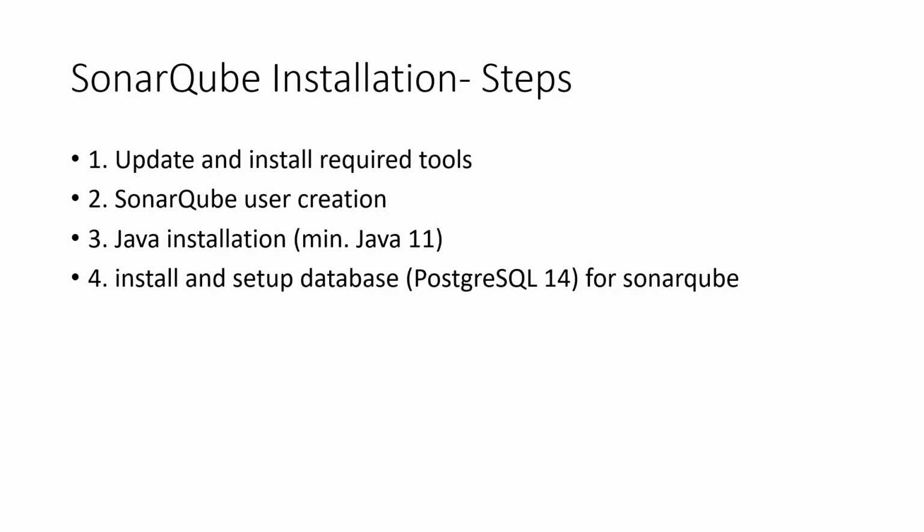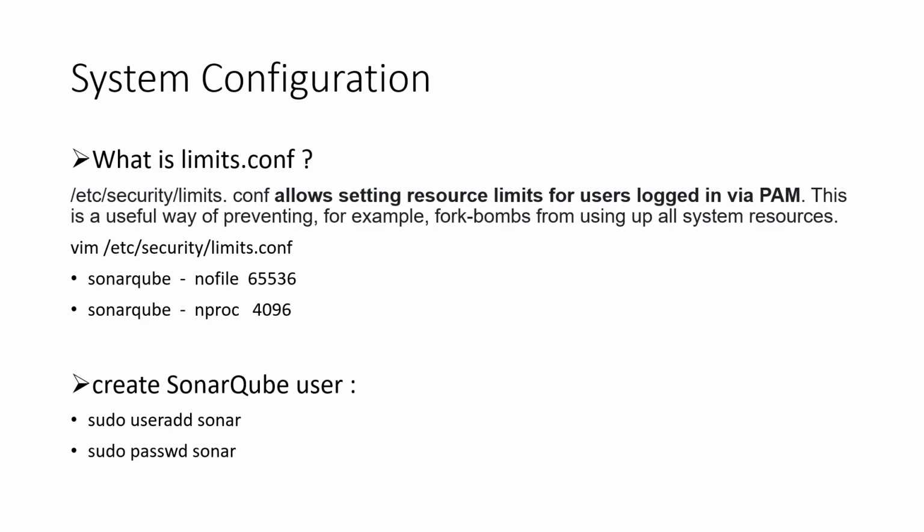Now these are the few steps which are required to install SonarQube. Update and install required tools. SonarQube user creation, then Java installation. Minimum required version is Java 11. Install and set up a database like PostgreSQL 14 for SonarQube. So let's start.